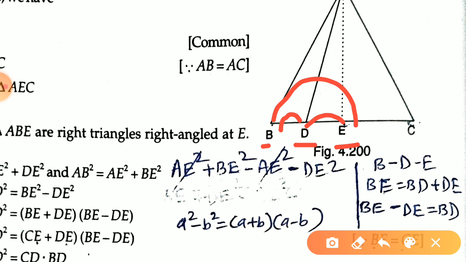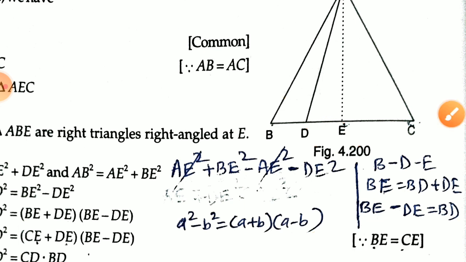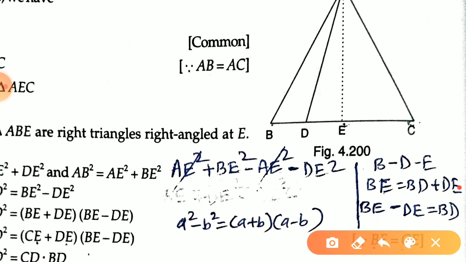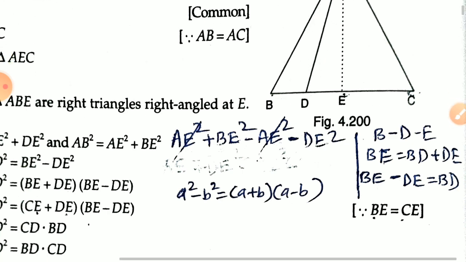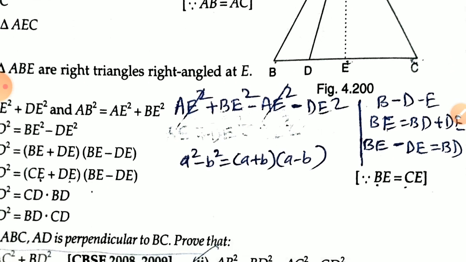So bd plus de is equal to be, and now here if we take d to the other side, then it will become minus, so b minus d is equal to bd.